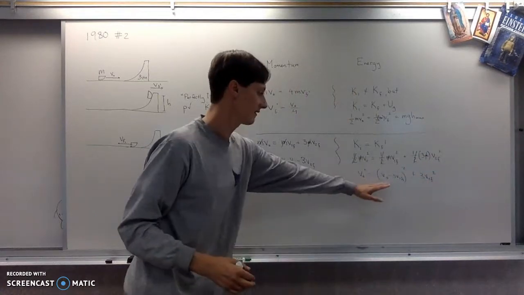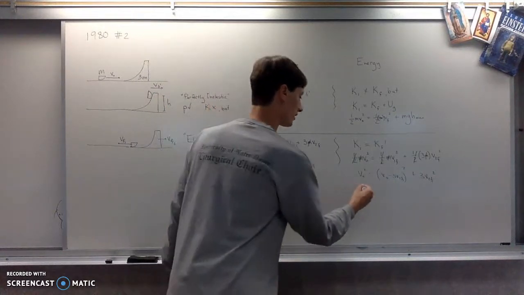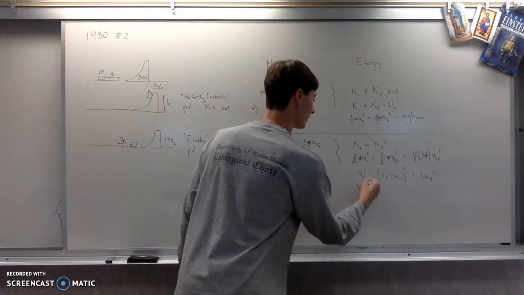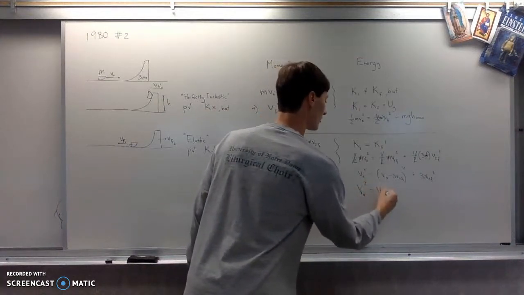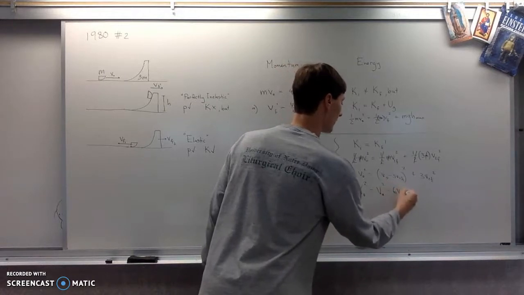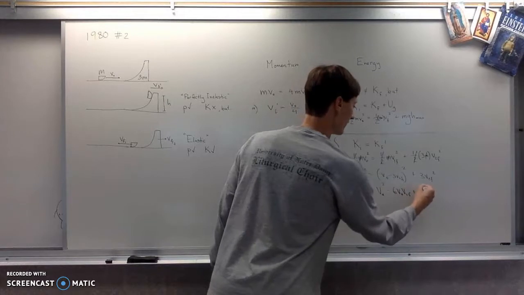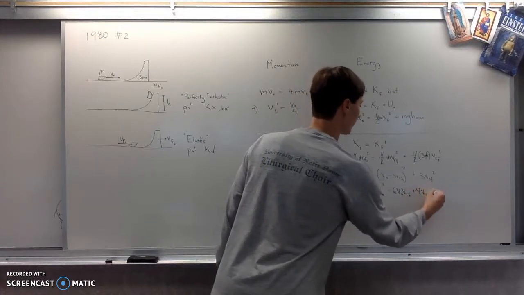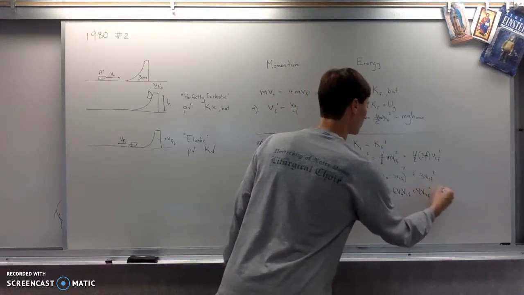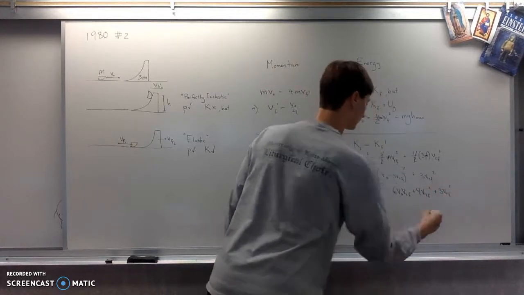All right, don't forget this has to be FOILed out. So what it should turn into is V naught squared minus 6 V naught V2 final plus 9 V2 final squared plus 3 V2 final squared.